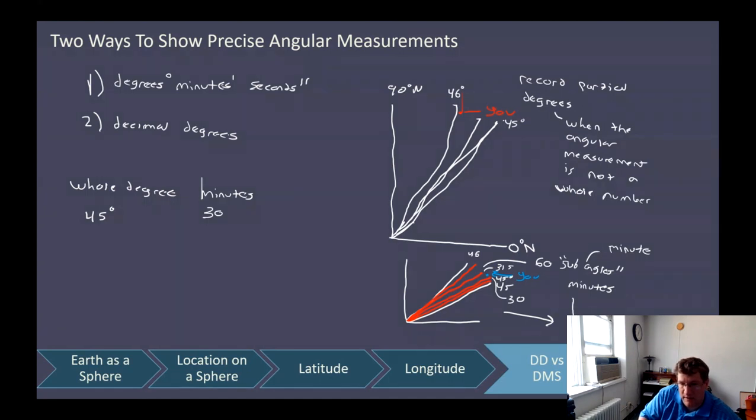If we were to subdivide it further, again, you would be here. We know this is 45 degrees, 30 minutes, and this is 45 degrees, 31 minutes. We do the exact same process again.